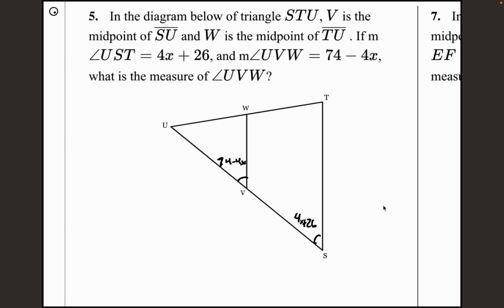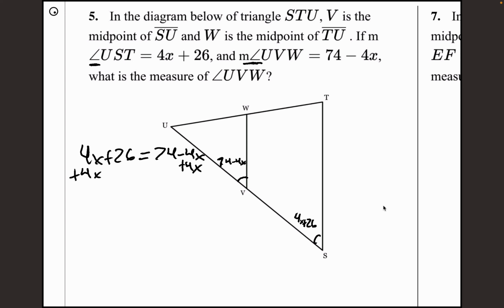Whenever we are dealing with angles, all we do is just set them equal to each other. So when you do that, you just do 4x plus 26 equals 74 minus 4x. And then we just solve from there. So what do we have to do to this 4x right here to move it over? Add it. So I'm going to add this 4x over.